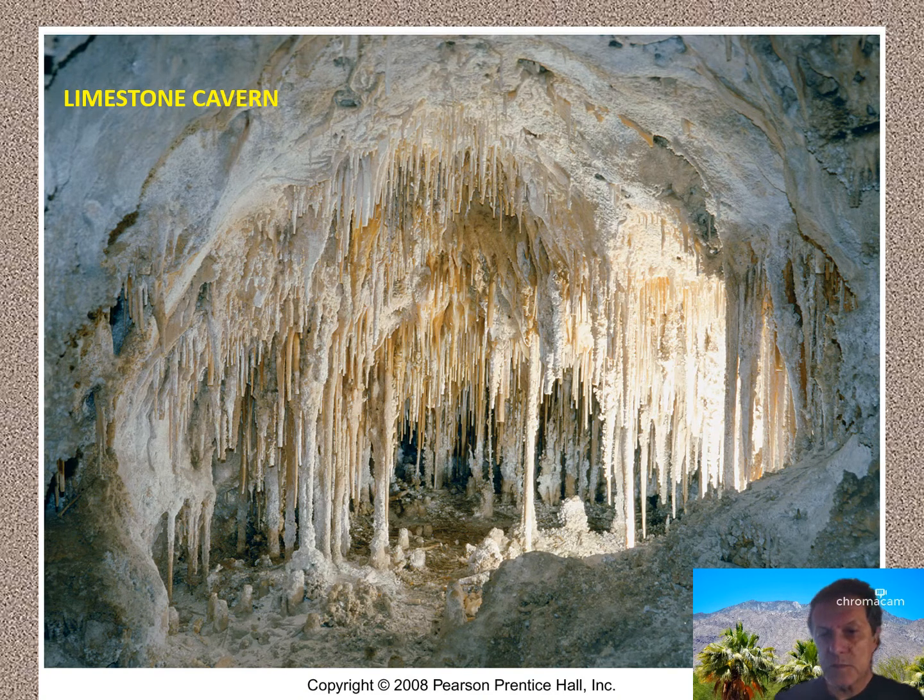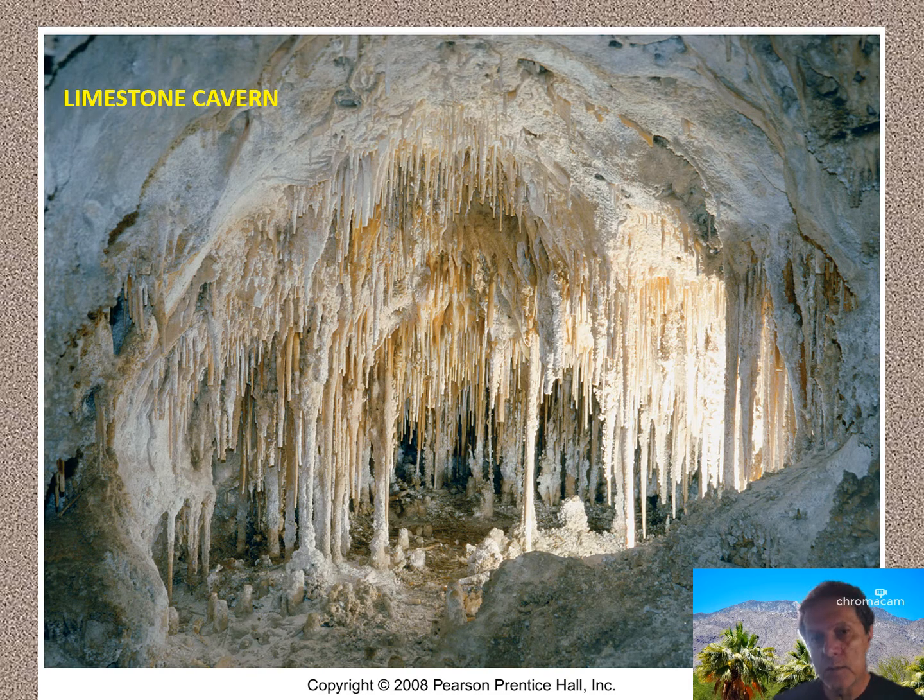Eventually, much of the limestone that's under groundwater, which has carbonic acid in it, will start eating away at the limestone and eventually form these beautiful speleothems, we call them.